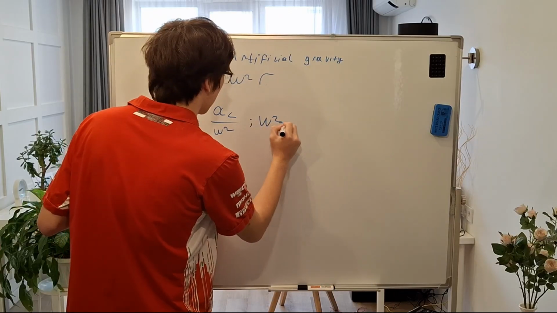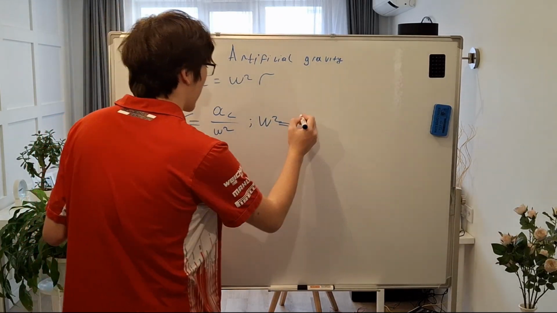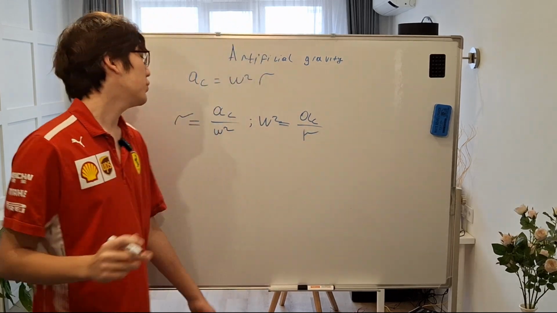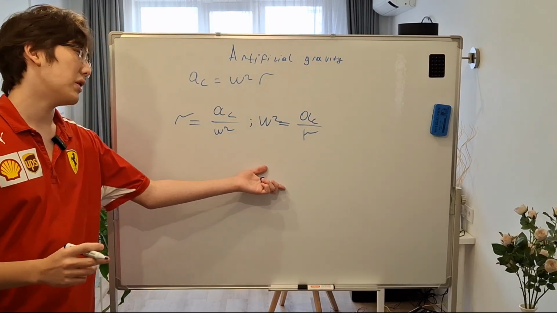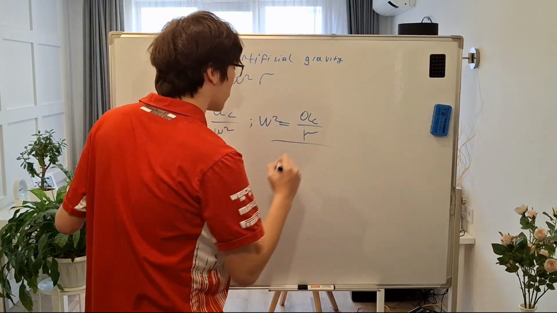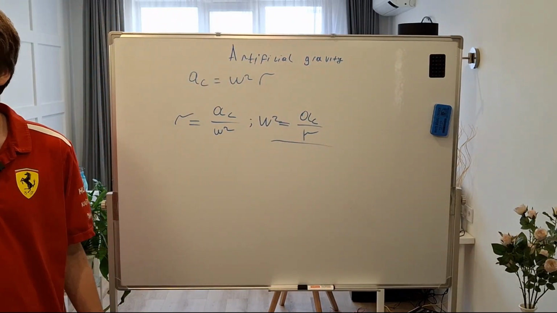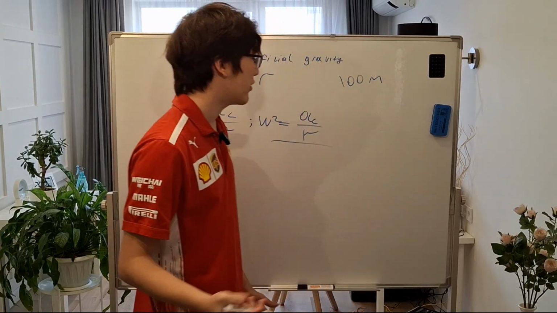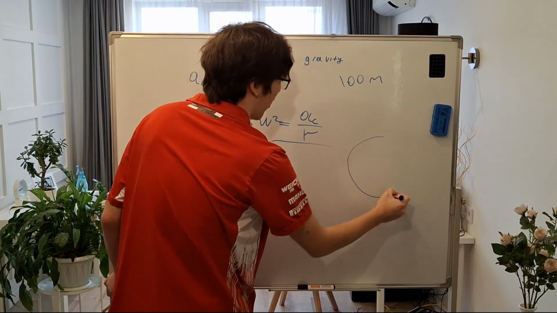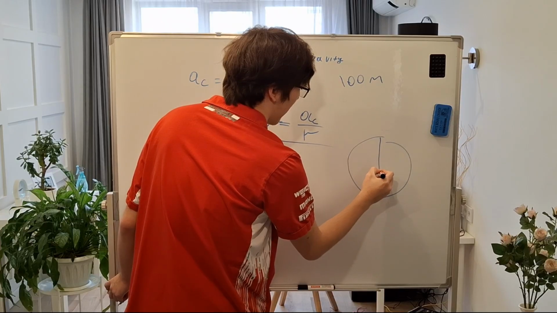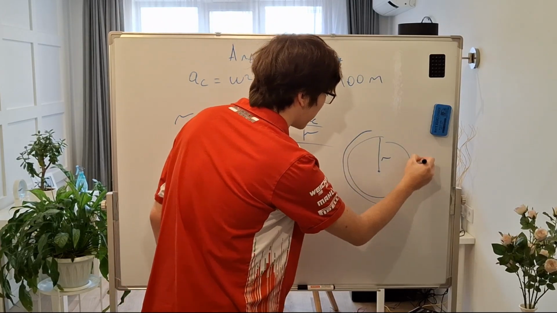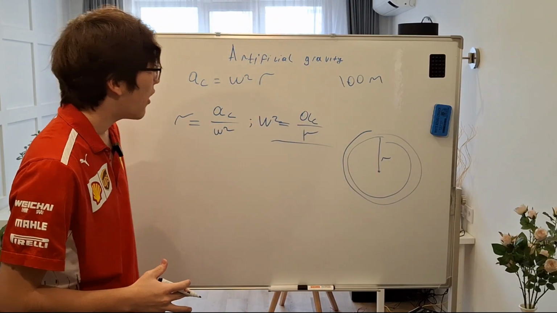So angular velocity is acceleration divided by radius, and we can choose either of those formulas to work with. For example, if we have determined a radius of 100 meters, so our station has a 100 meter radius that will stay the same throughout the station.